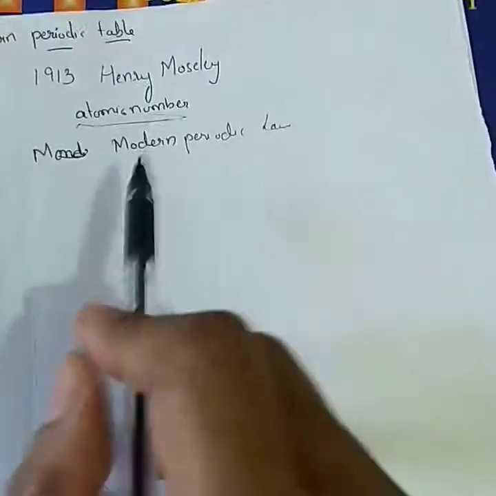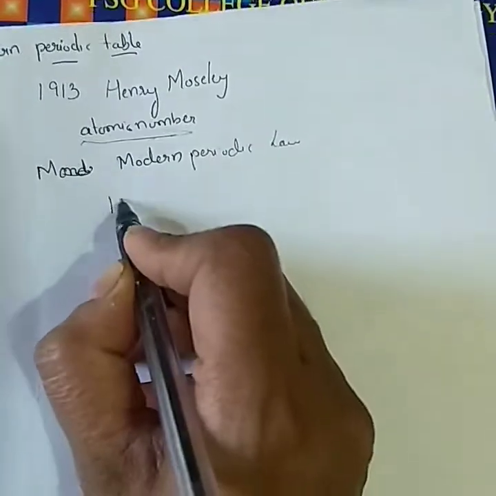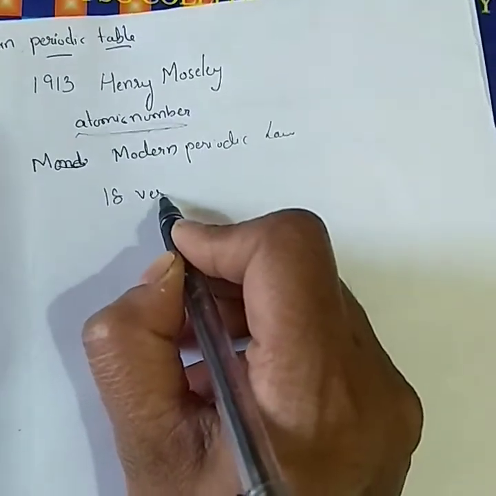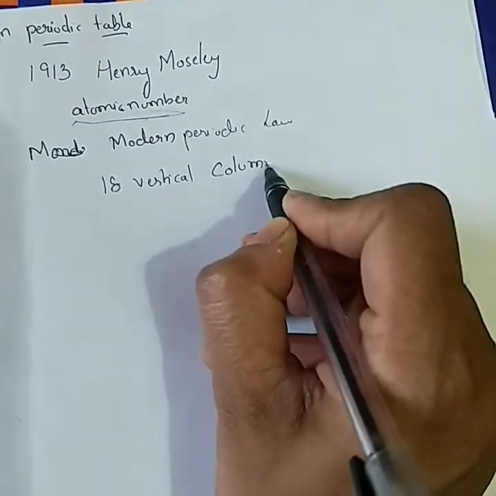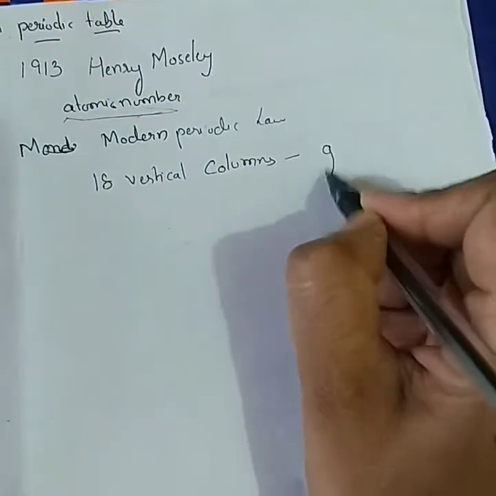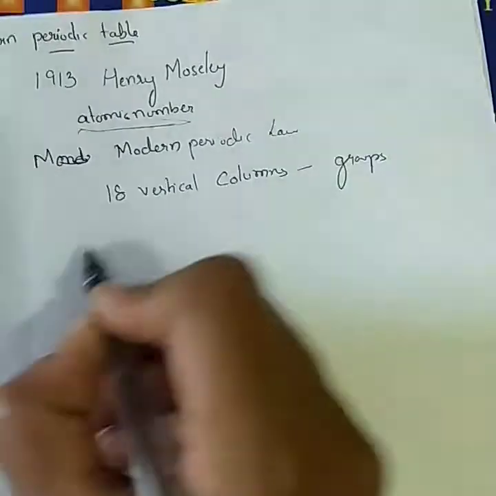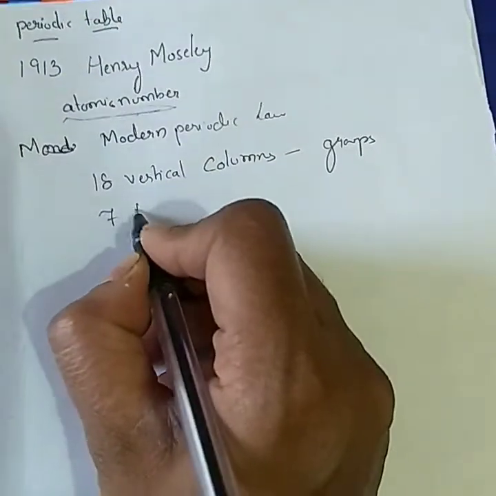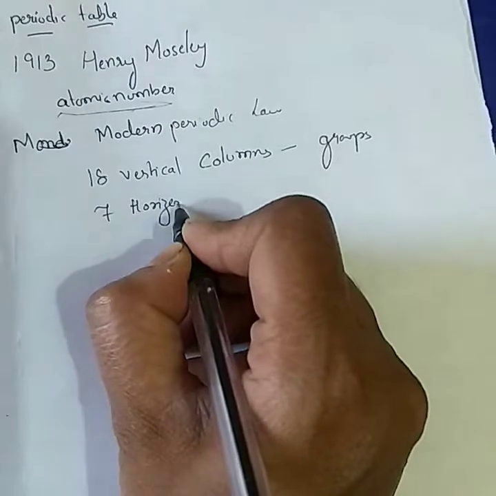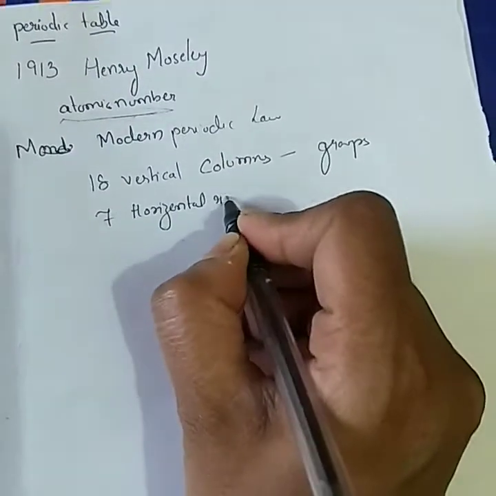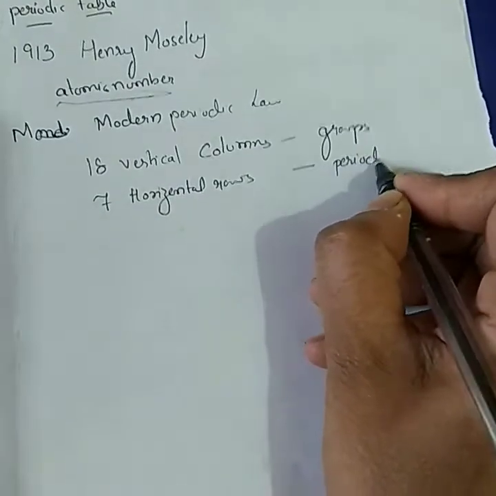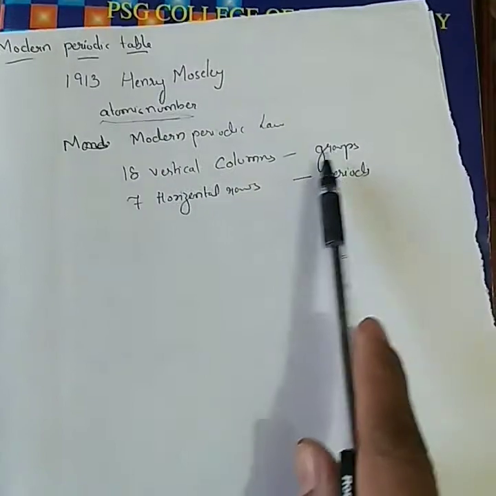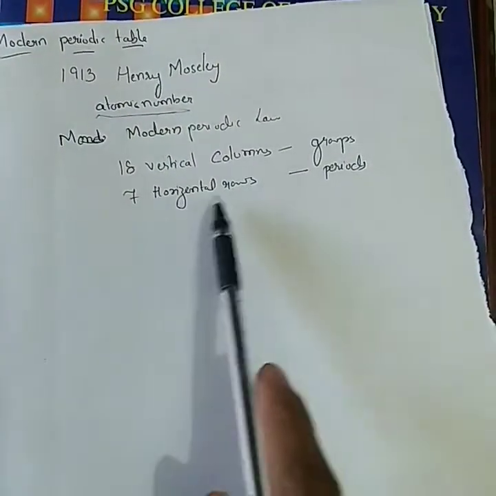The modern periodic table has 18 vertical columns known as groups and 7 horizontal rows called periods.